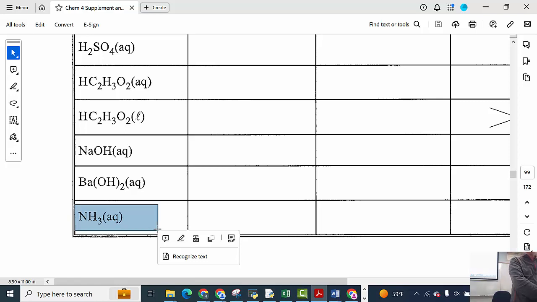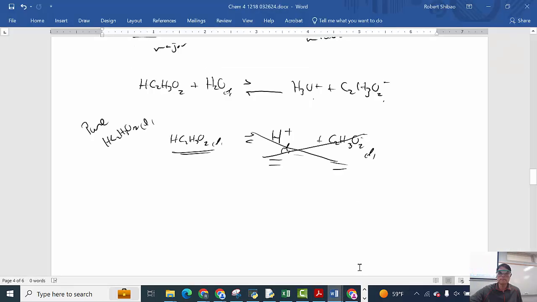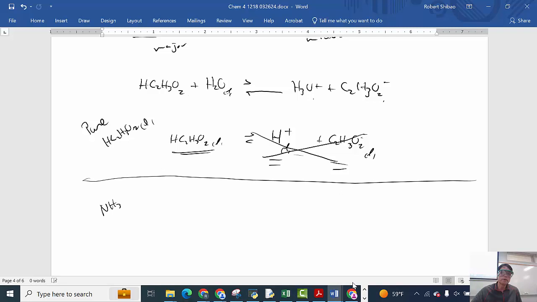We expect it to be a non-conductor. And so the ammonia molecules themselves don't conduct, but we know something about the acid-base properties of ammonia.